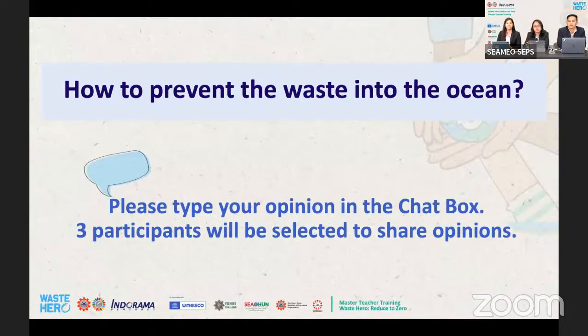So we still don't know how to figure that out. Even if we already put it in separate trash bags, when it goes to what we call in Bahasa TPA, tempat pembuangan akhir, where you put all the garbage, it's mixed again with the other garbage. So that's the big question that I still have. Thank you.